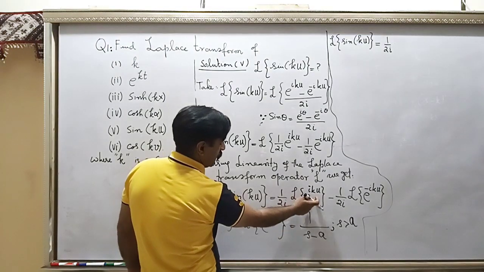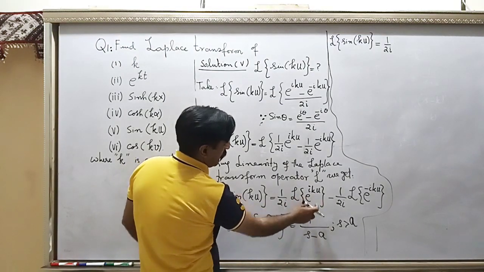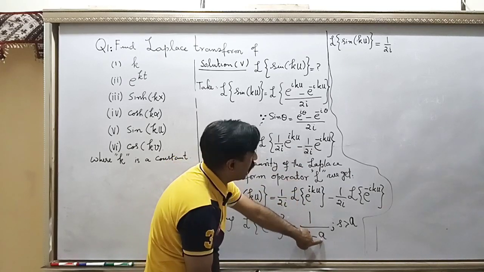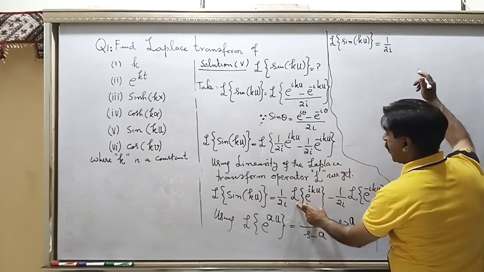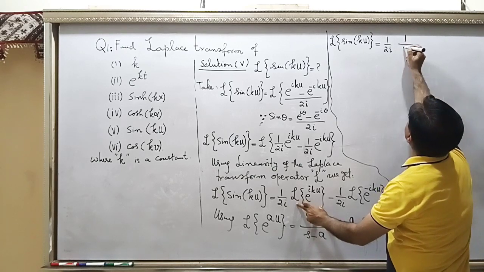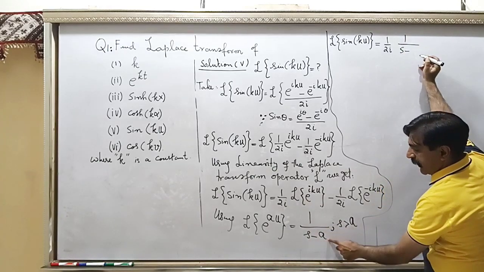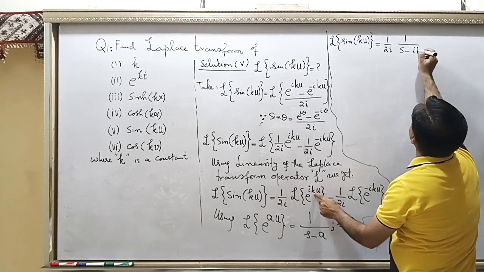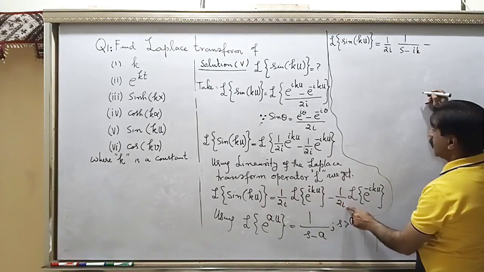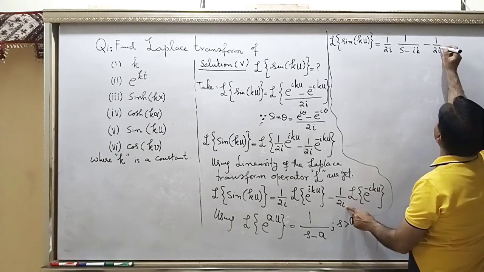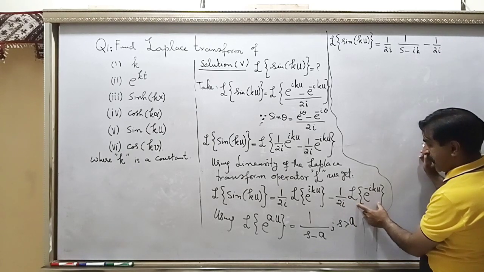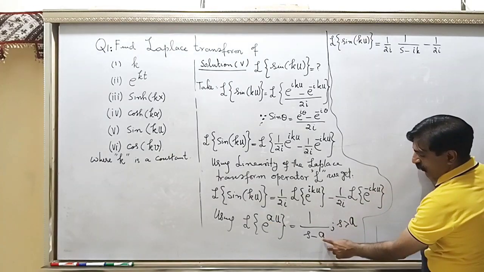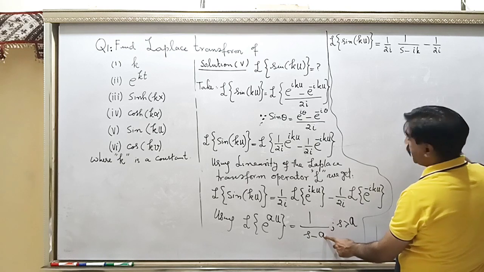So when you use this result for this piece, then a is ik. So your result will be 1 over s minus ik. So for this piece, 1 over 2i, you have 1 over s minus a, and a is your ik, minus 1 over 2i, and for this piece, a is minus ik, so the answer will contain minus ik for a.